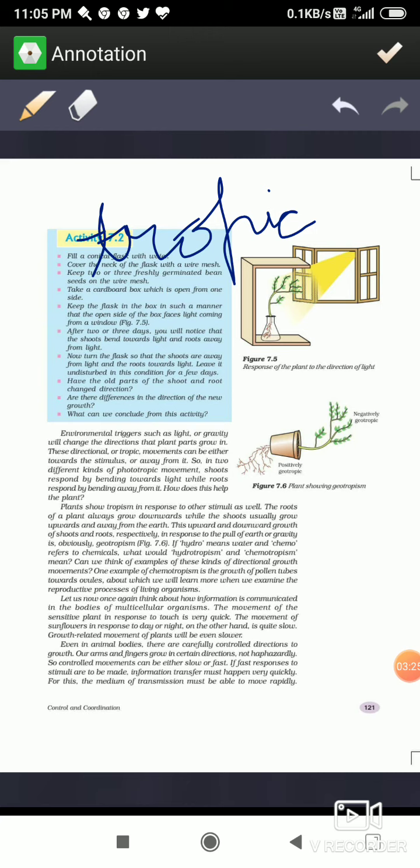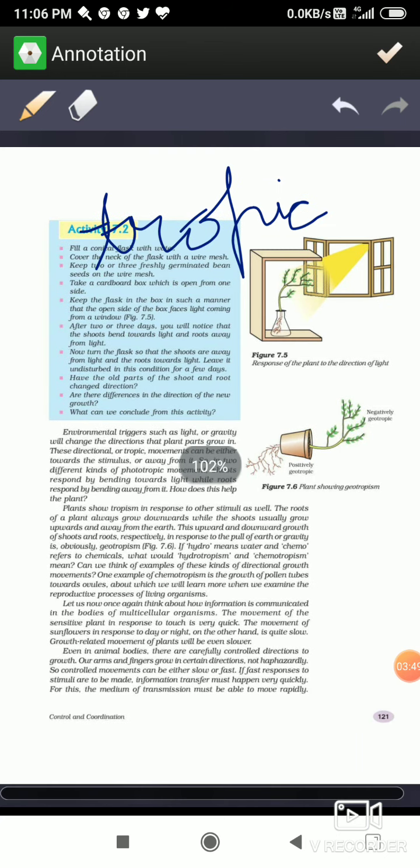There are different types of these directional movements, namely phototropism, geotropism, hydrotropism, and chemotropism. Photo, as we all know, means light. So the movement of a plant towards the light or away from the light is phototropism.